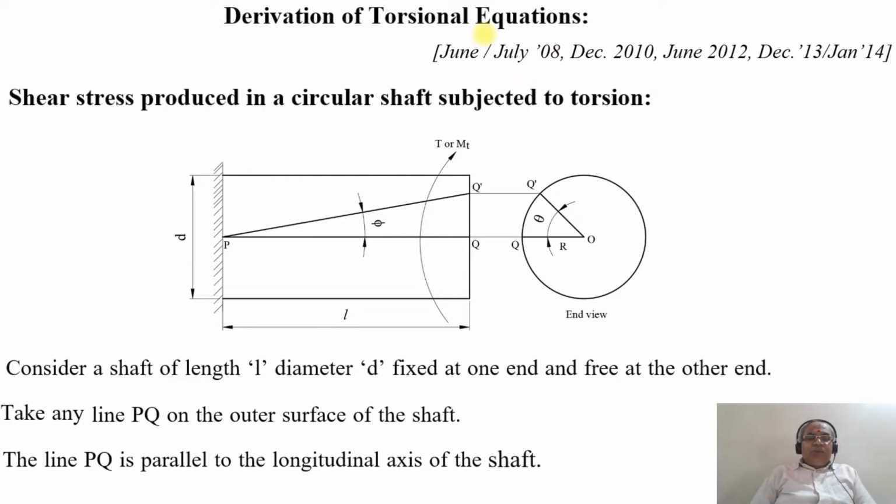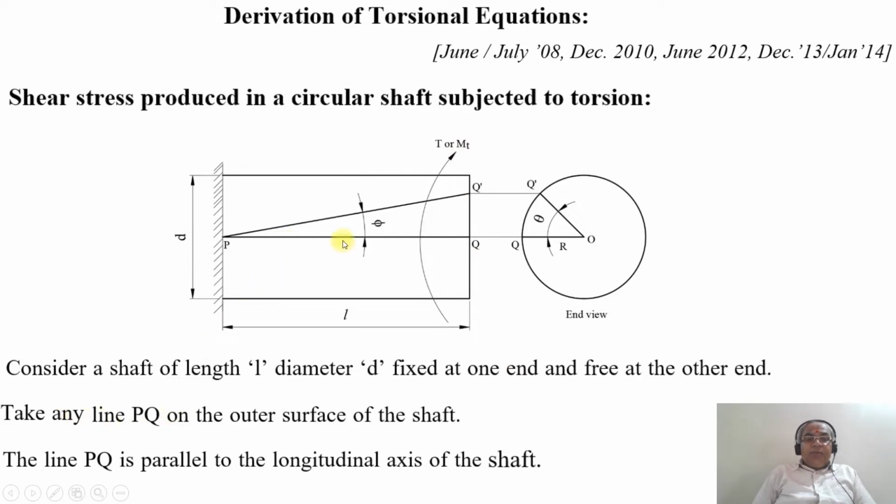What is the shear stress produced in a circular shaft subjected to pure torsion? Consider a shaft of length L and radius R, fixed at one end and free at the other end.